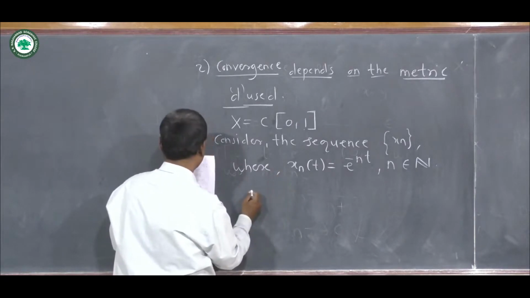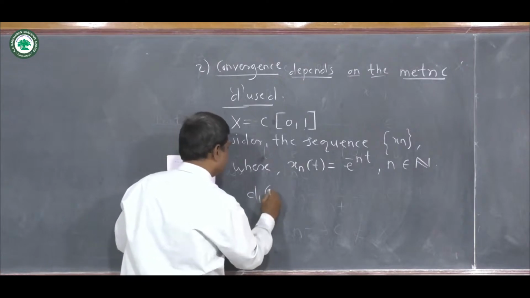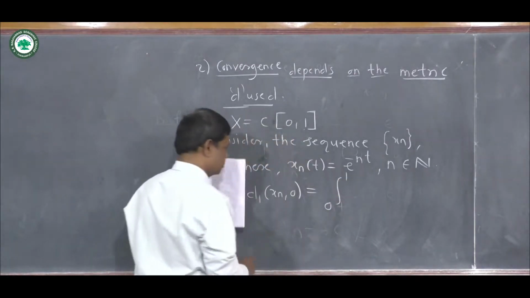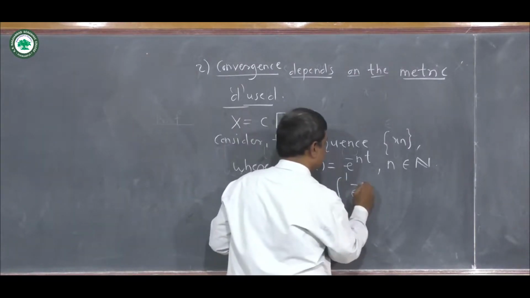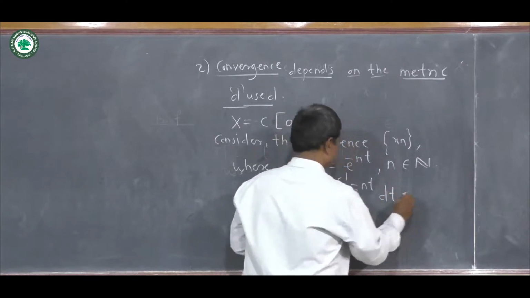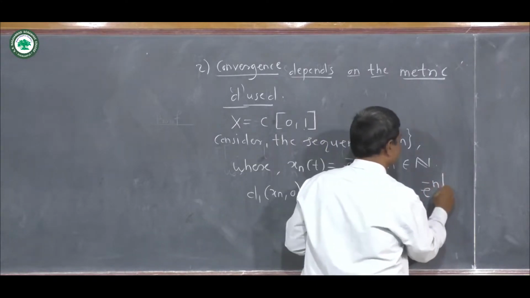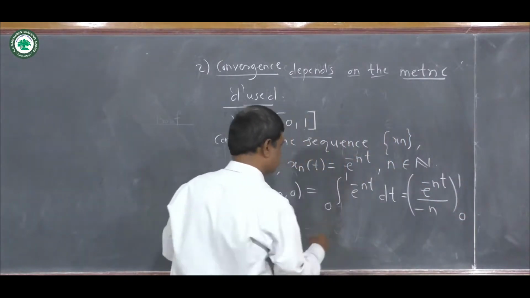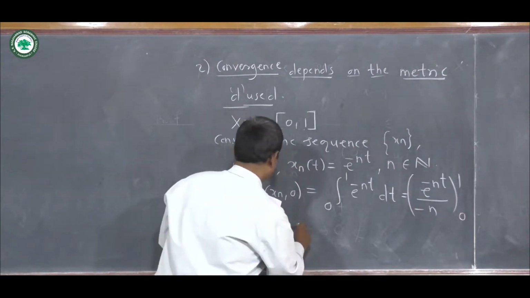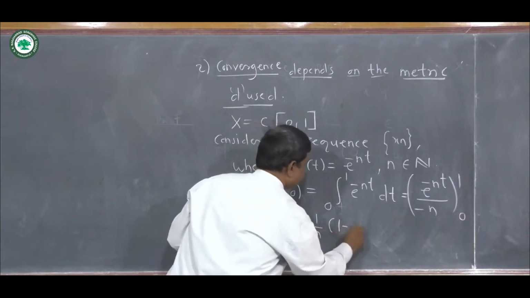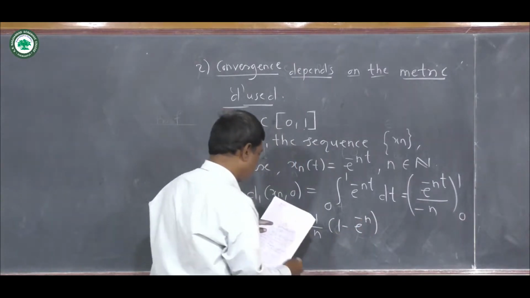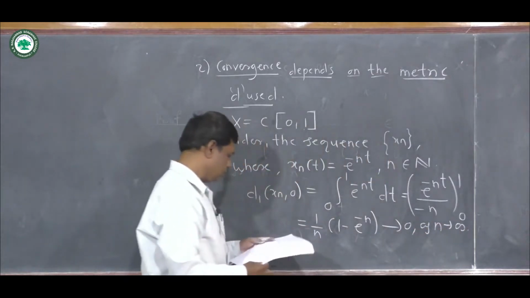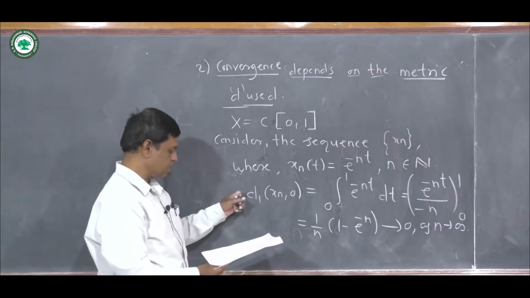With respect to the metric d1 on C[0, 1], we write d1(xn, 0). This sequence is convergent: the integral from 0 to 1 of e raised to minus nt dt is e raised to minus nt upon minus n, with limits 0 and 1. Interchanging limits, we get 1 upon n into (1 minus e raised to minus n). Remember this tends to 0 as n tends to infinity. Therefore this sequence is convergent.